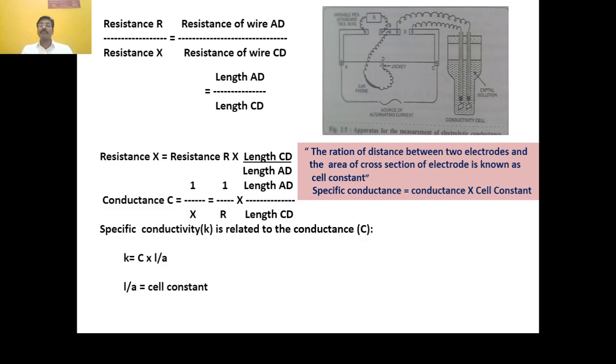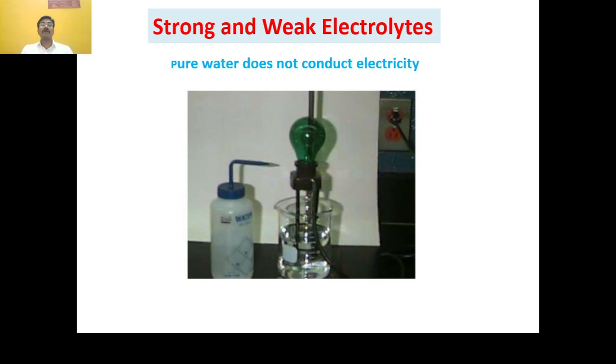Therefore, the specific conductance is equal to the conductance into the cell constant. Guys, you have to remember this equation, which gives the relationship between the specific conductance and the conductance in the form of the cell constant.